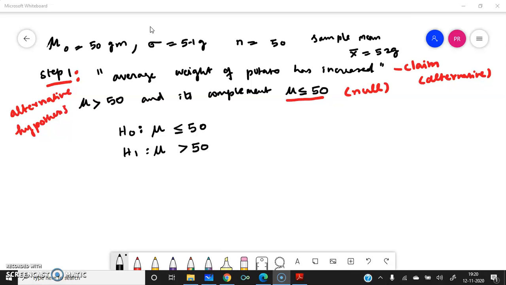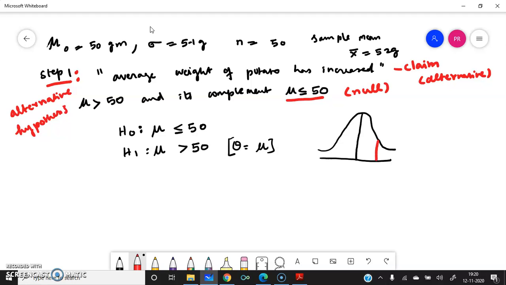And what is our theta? Theta is nothing but our population parameter. Here we are talking about the mean. The alternative hypothesis here is right tailed, mu greater than 50.